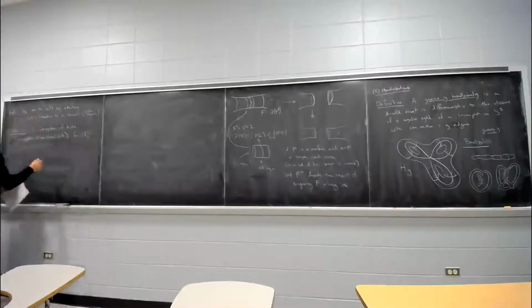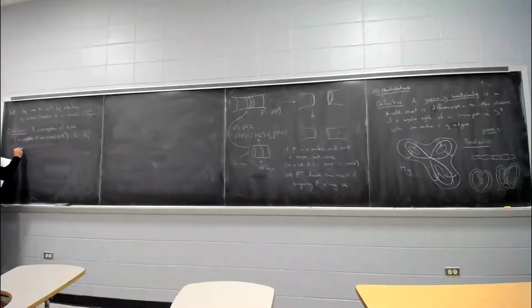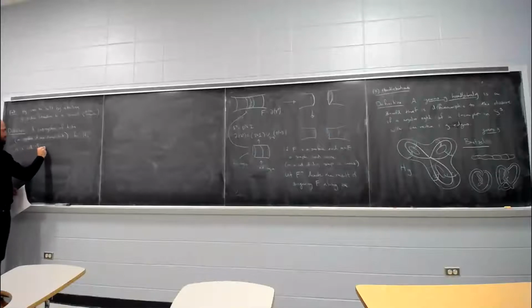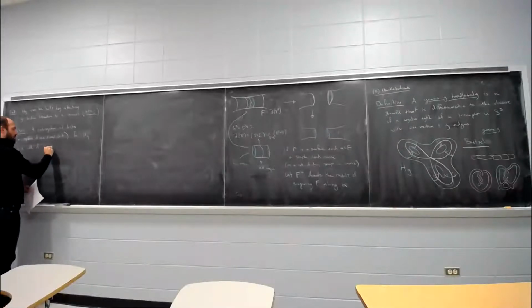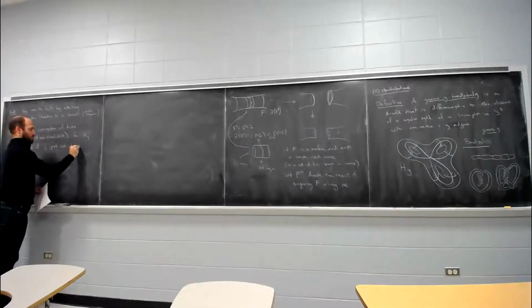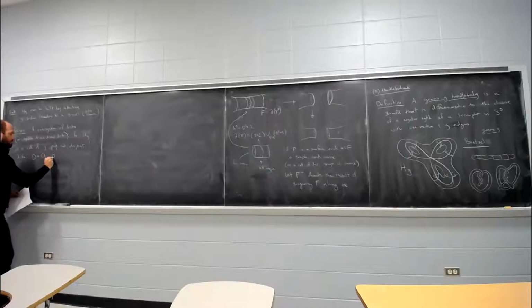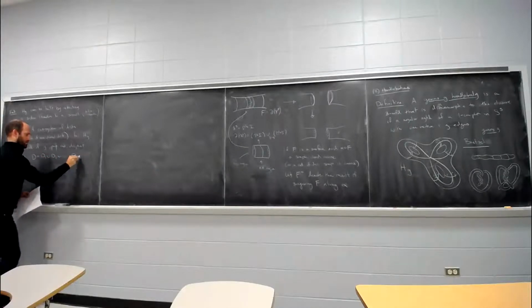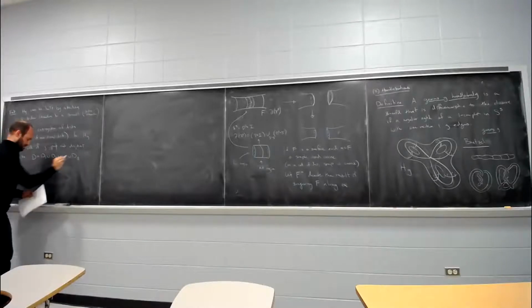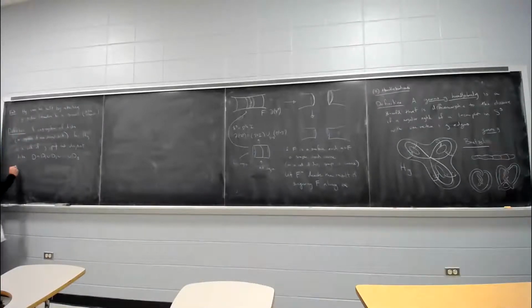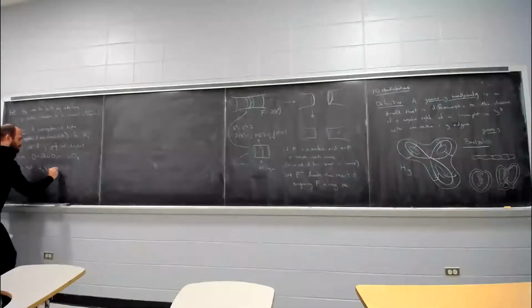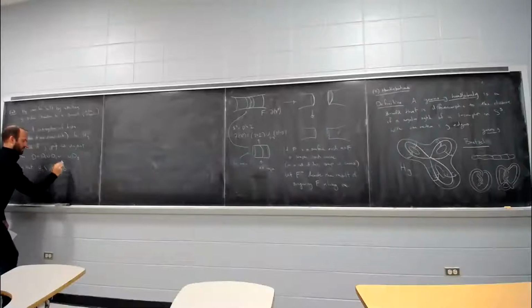For a handle body, it is a collection of g properly embedded disjoint disks that satisfy a property such that a regular neighborhood of this collection, what we're left with is, I guess, a three ball.